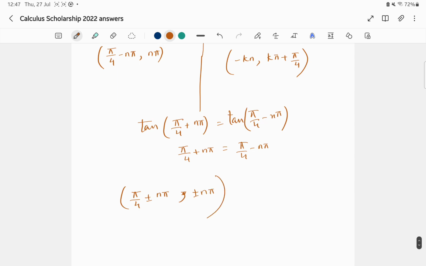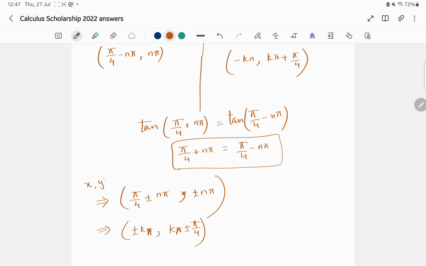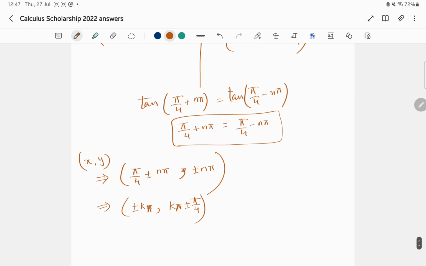Cool. And another one could be minus or plus k pi, comma, k pi plus or minus pi over 4. All right, so it goes with both plus and minus because plus and minus give us the same value. And these are your two families of solutions for x and y. Cool, I hope that makes sense. Have a good day.